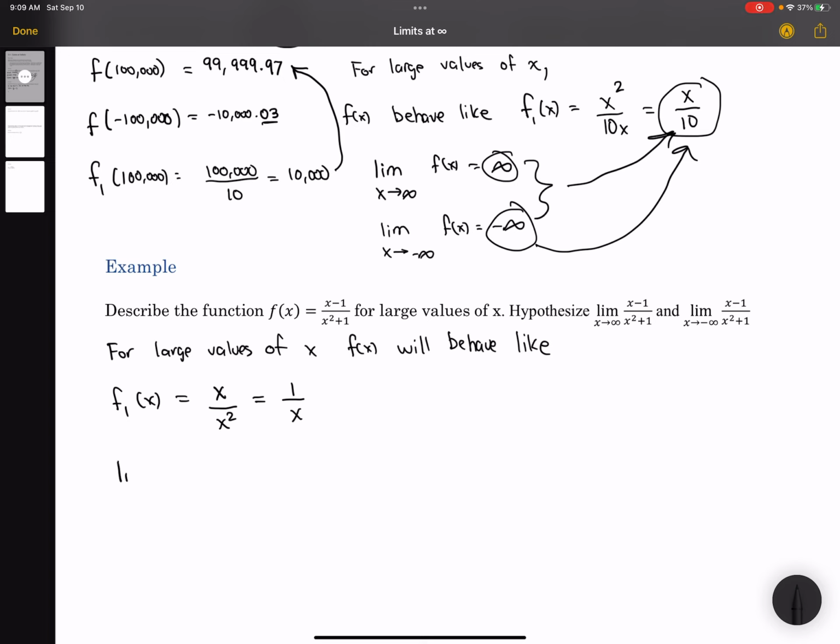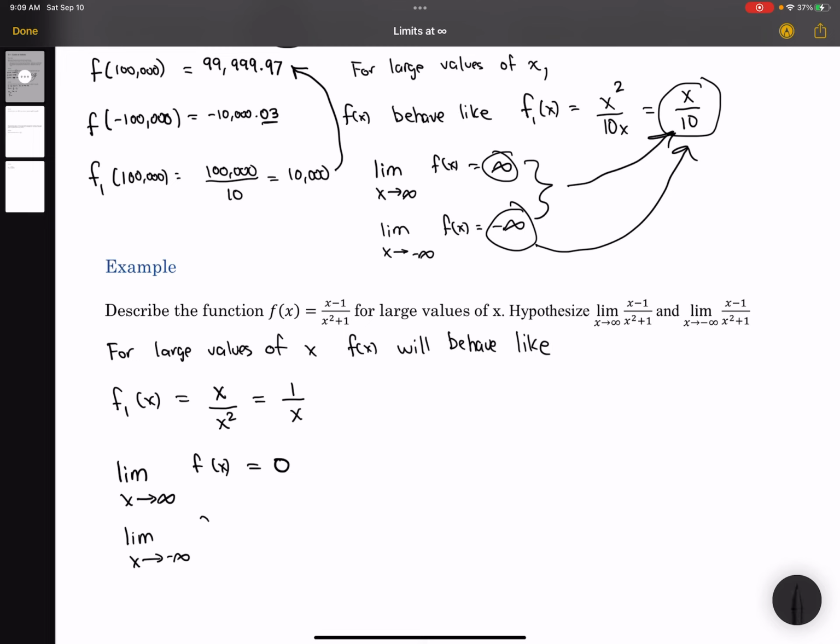So what we can see is the limit as x approaches infinity for f1 of x is going to equal 0. And that's also going to be true for f of x. We don't need the f1 of x, this is just f of x, my apologies.